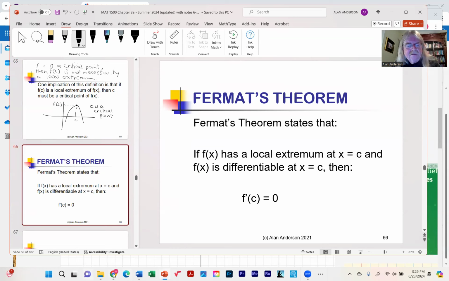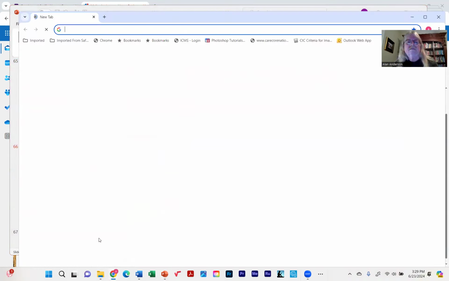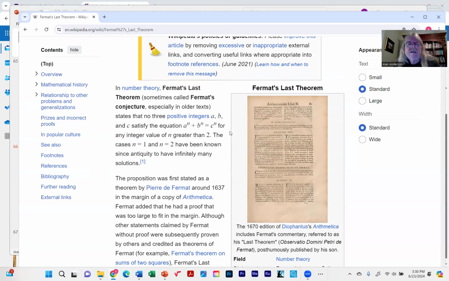If you go to Wikipedia, Fermat's last theorem, Fermat's conjecture, states that a to the n plus b to the n equals c to the n for any integer n greater than 2: no three positive integers can satisfy that equation.